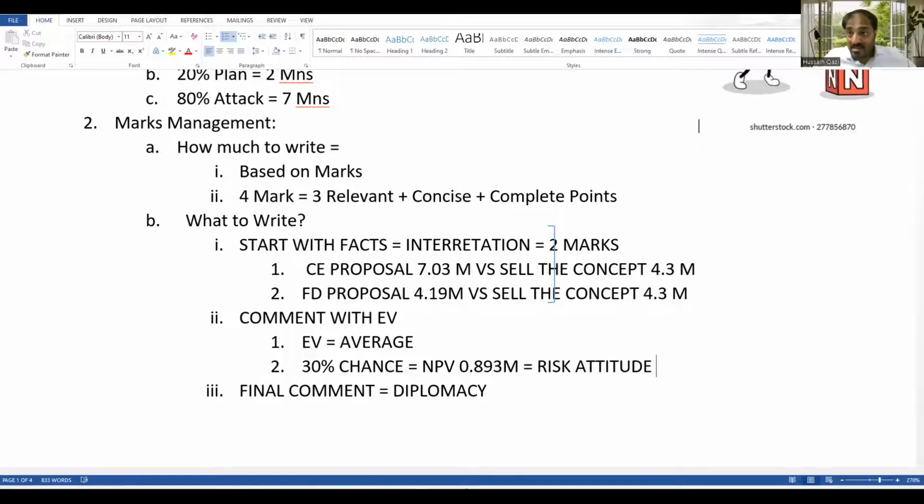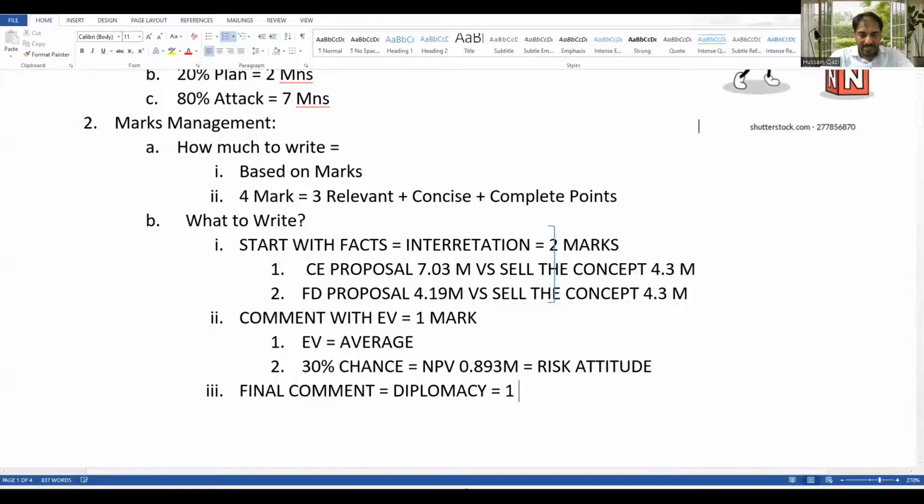Some of the shareholders may say that with only 30%, an NPV of only 0.893 million is too low, so we don't need to go for that. So that's also a point. That's called the risk attitude. So number 1, this comment on the expected value also has 1 mark, and then make the final comment.